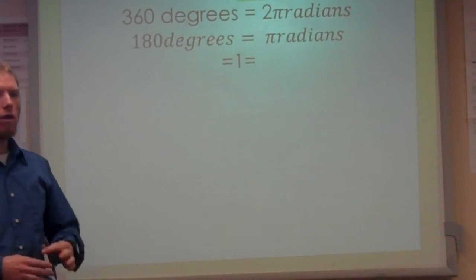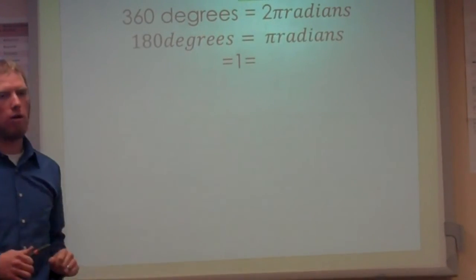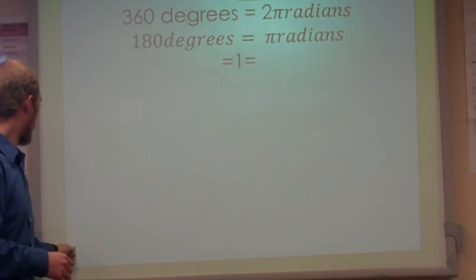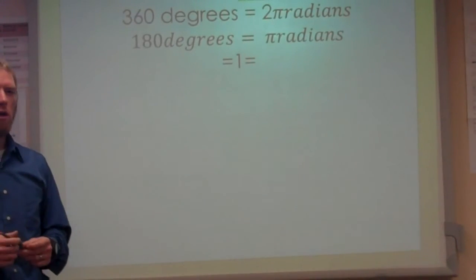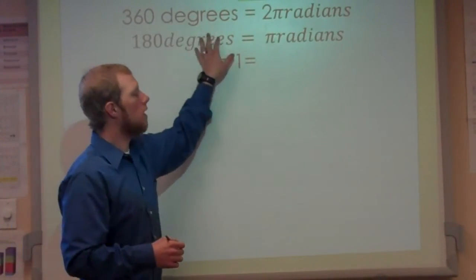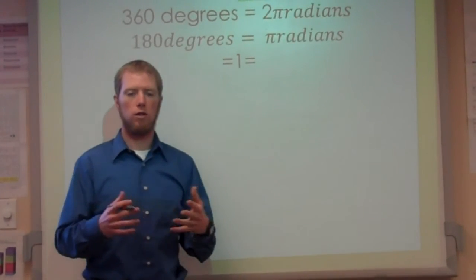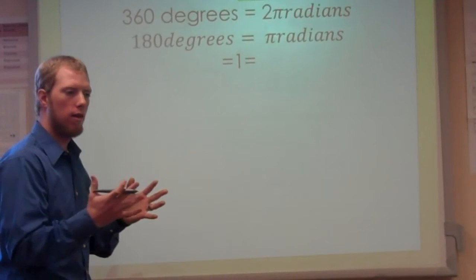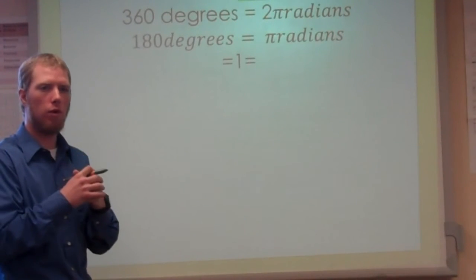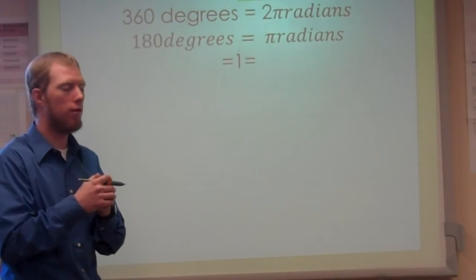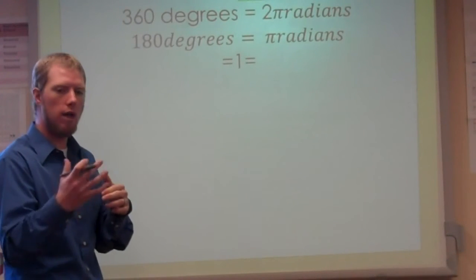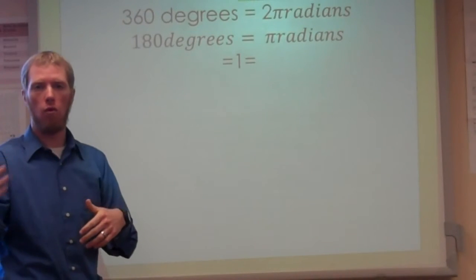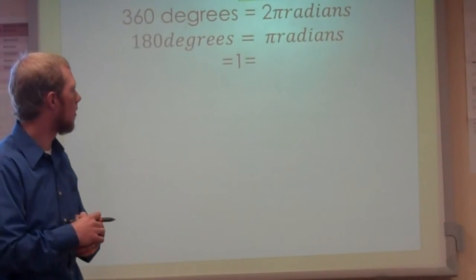Alright, so here's what we figured out from the last slide. What we want to look at is, how would I get either one of these equal to 1? Because you can take really any equation and come up with a ratio. So for every 1 radian, how many degrees do I have? Or every 1 degree, how many radians do I have?